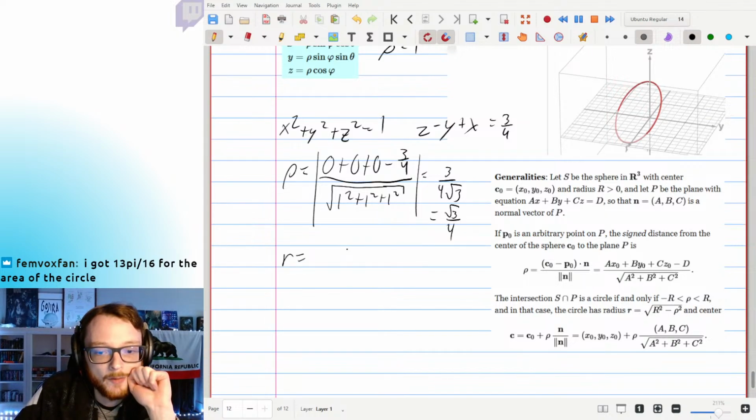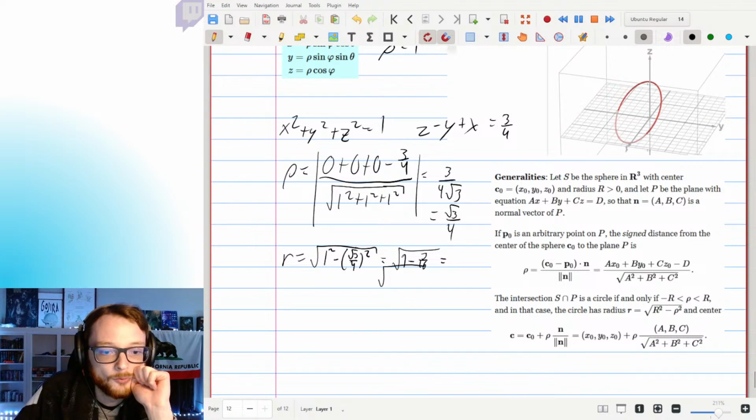The small r that we actually want is root 1 squared minus root 3 over 4 squared, which is root 1 minus 3 over 16, which is root 13 over 16, which is root 13 over 4.